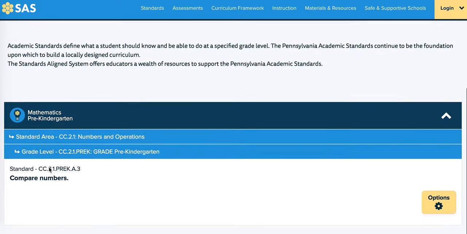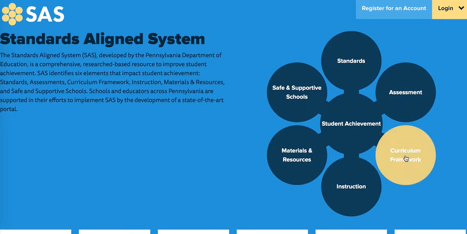Now there's two ways to go about this. If you're right here in this menu, you can go up to the tab that says Curriculum Framework right here, and you can choose that. If you're not in this tab or this search menu, you can always go back out to the flower and choose Curriculum Framework. So we were in Standards, now we're going to Curriculum Framework.